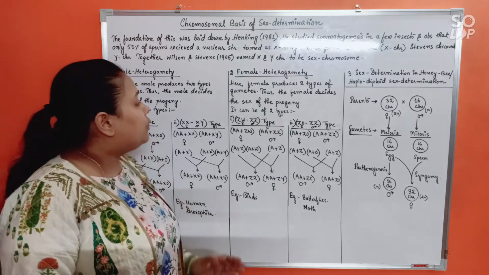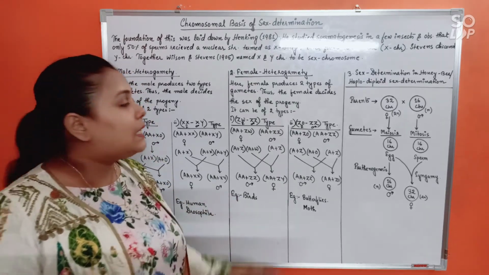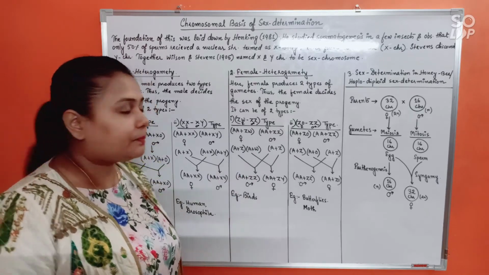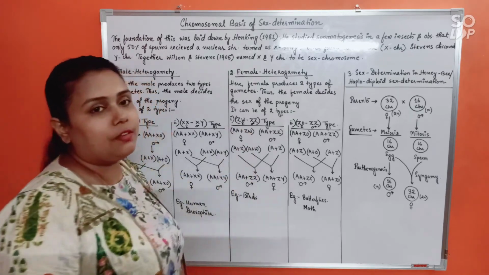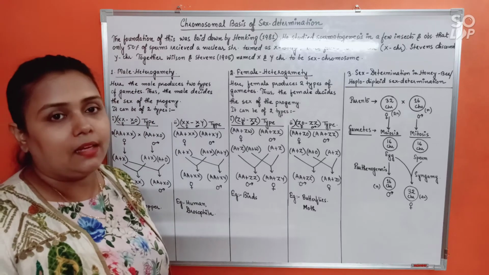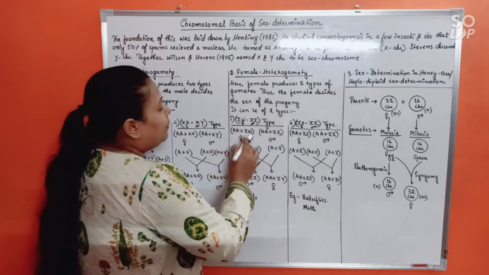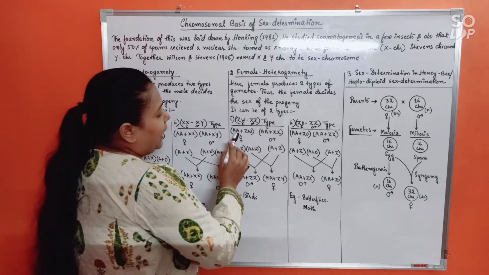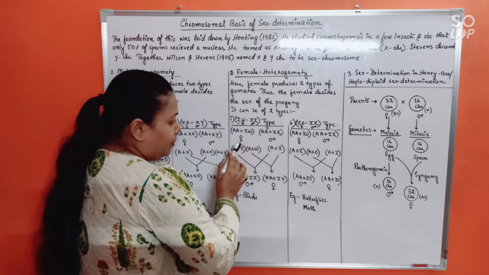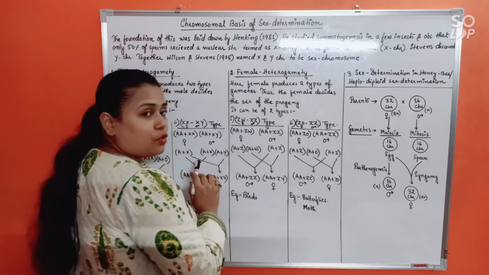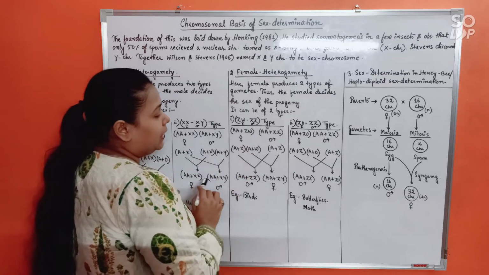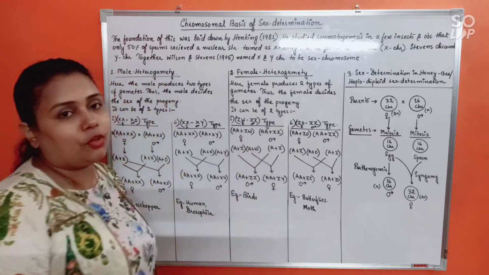Alright, so now let's start with the first one, ZW-ZZ type. Here ZW denotes the female and ZZ for the male. Alright, so the genotype of the parents here will be AA plus ZW for the female, two types of sex chromosome you can see here for the female, and AA plus ZZ for the male.